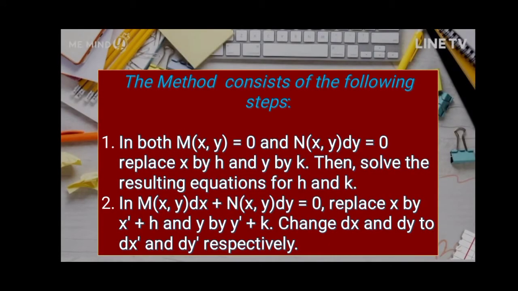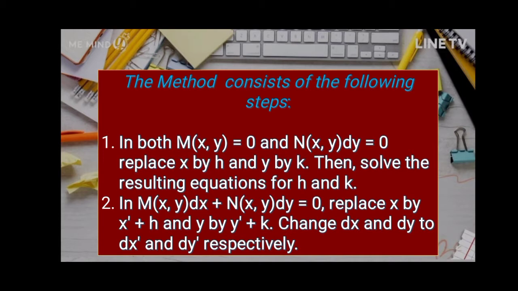The method consists of the following steps. Number 1. In both m(x,y) equals to 0 and n(x,y) equals to 0, replace x by h and y by k. Then solve the resulting equations for h and k. Number 2. In m(x,y) dx plus n(x,y) dy equals to 0, replace x by x prime plus h and y by y prime plus k.